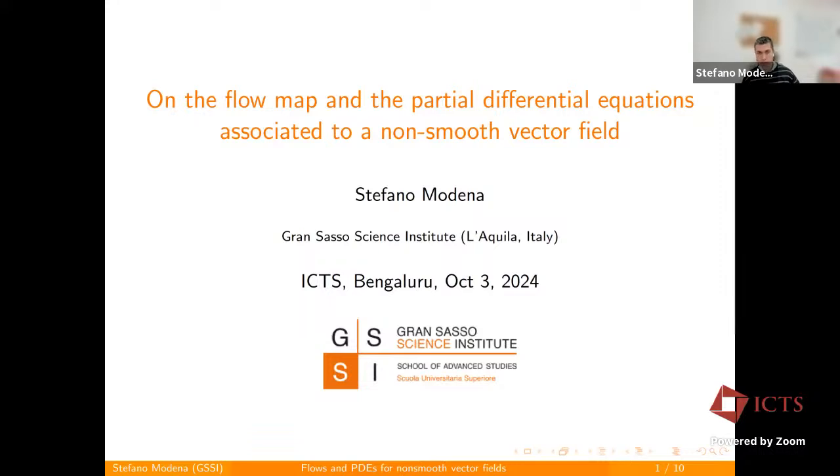So let me start by just fixing some notation and going to the first slide. I will use the notation U for a vector field, which for me is a function of time and space with values in R^d. The space here is the periodic domain for simplicity, but many things I will say apply to the full space or the bounded domain.